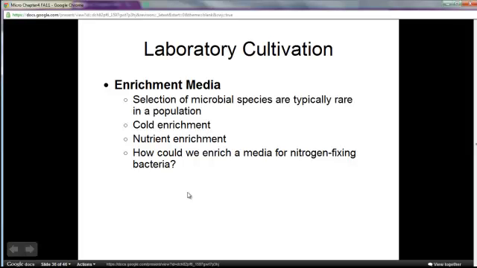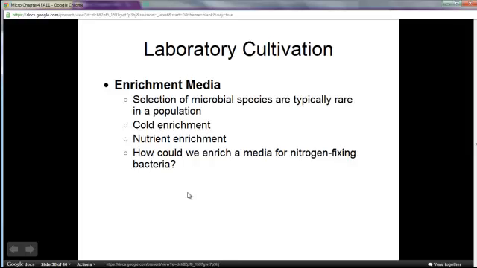Now, another type of media is known as enrichment media. And the reason you use enrichment media would be when there's a certain species in a sample that you know is there, but is there in very low numbers. It's not a great competitor. So it's in the vast minority. So if you try to grow it up on normal media, the other cells, the other species in that population are always going to dominate, and you're going to have a hard time selecting for the rarer species.